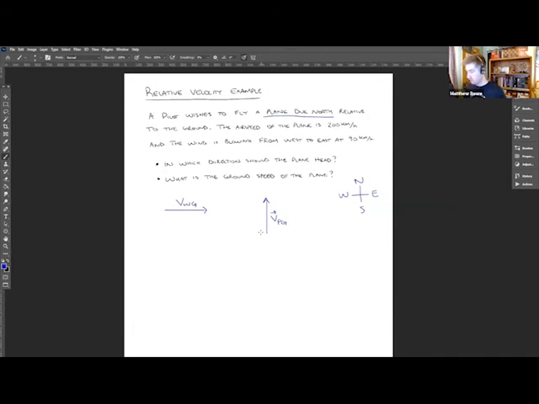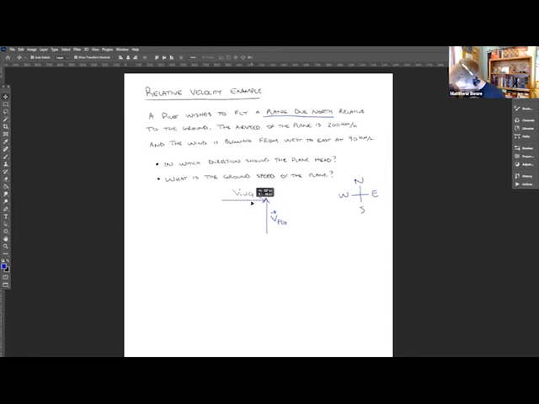We want to work out which direction the plane should aim in order to end up going this direction. So I can add these two vectors together. How do I want to do this?